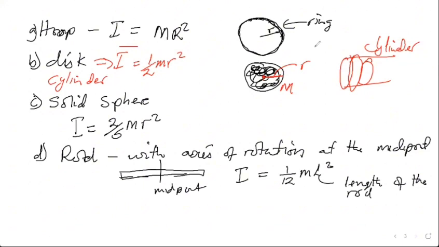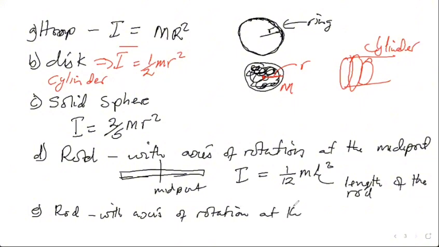So the moment of inertia, then we also have a long rod, number E. It's again a rod. Now we have the axis of rotation at the end of the rod, with axis of rotation at one end.